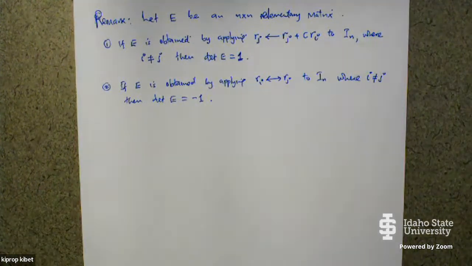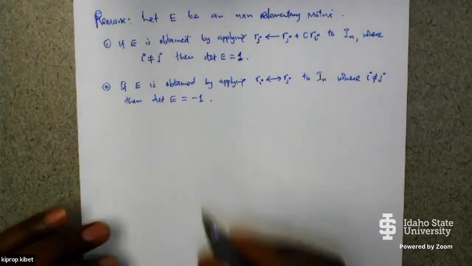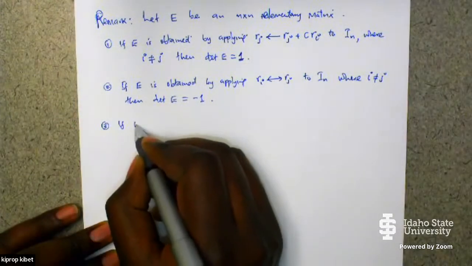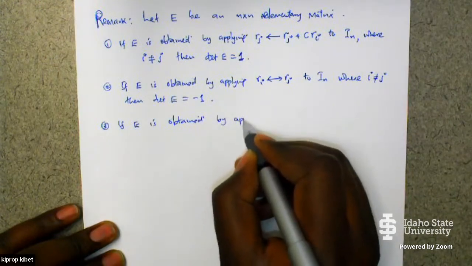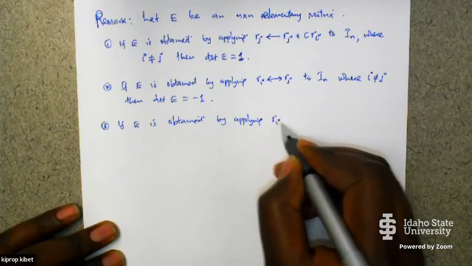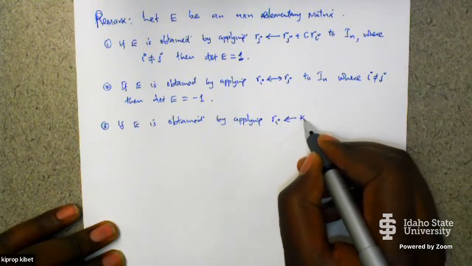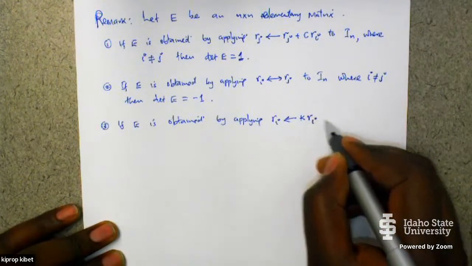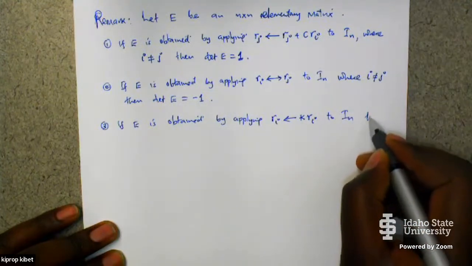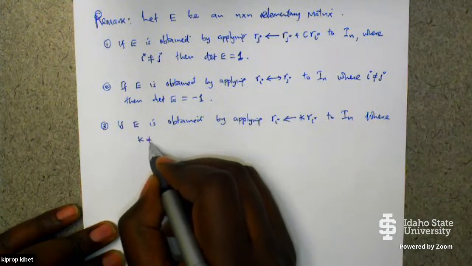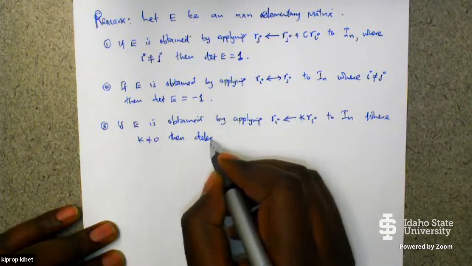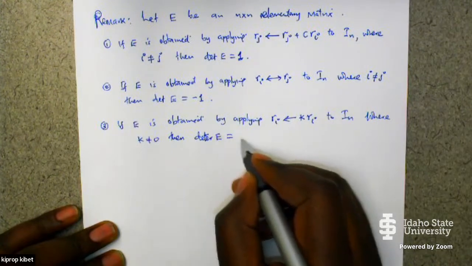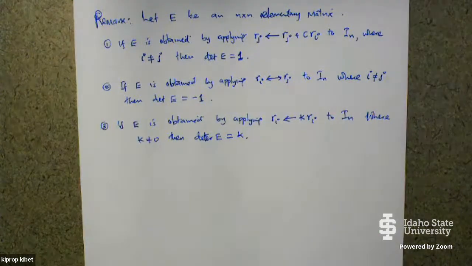When you switch the row, the determinant is equals to -1. Then number 3, if E is obtained by applying Ri multiplied by a constant K to In, where K is not equal to 0, then determinant of E is equals to K.